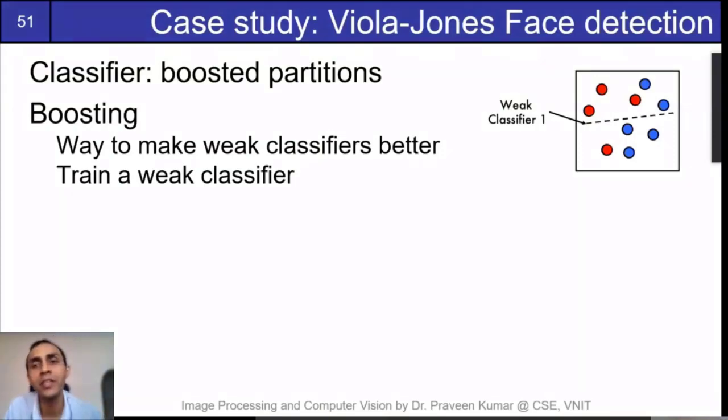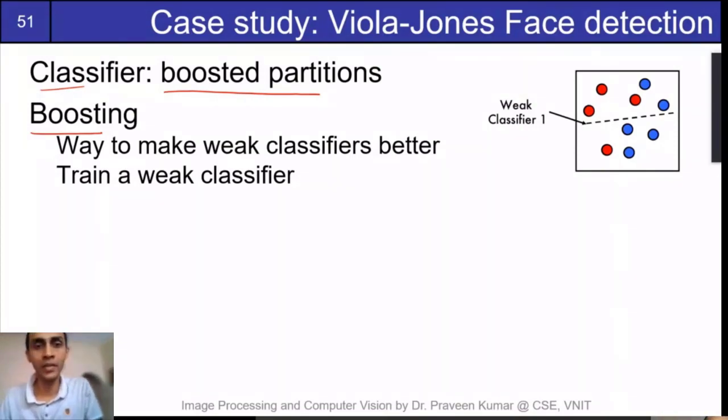Now how about classification? How does it classify whether there is a face or not? For classification, they use a technique called boosting, which is basically an extension of the partitioning method that we were discussing earlier, the decision partition or decision tree method.